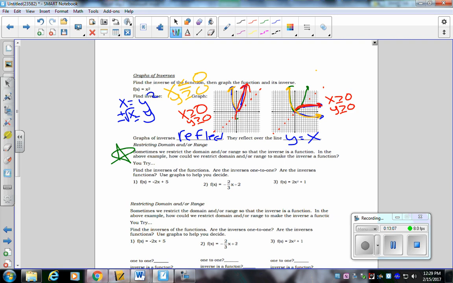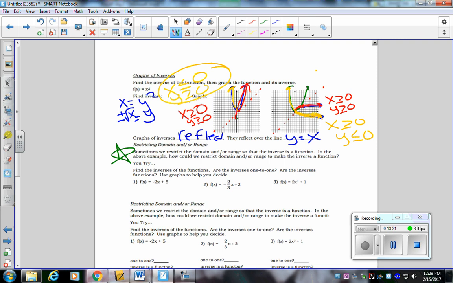Because the domain here, if you just look at this second yellow part over here, the domain is x is greater than or equal to 0, but y is less than or equal to 0, which is the flip-flop of the original domain and range. Okay, so sometimes we can restrict it because now if I'm just looking at part of the quadratic, its inverse is truly a function because it's just one part of the square root. And we are going to do more with the restrictions next class.